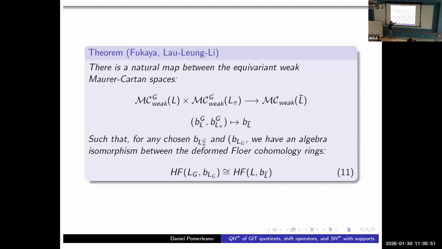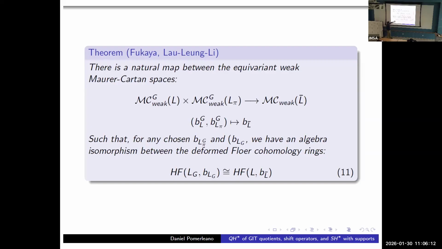Then what you get is a map of these. If I have some bulk deformation here and I have my Lagrangian L, then that determines a bulk deformation for the downstairs quotient Lagrangian.